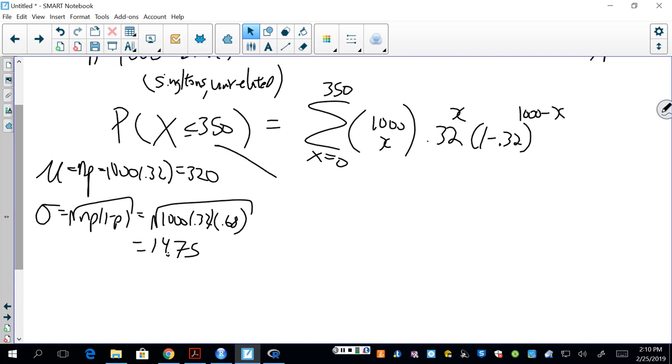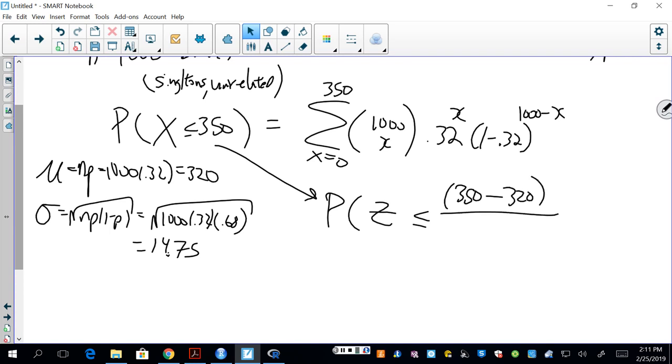So we can answer this question approximately by z-scoring it. 350 minus how many we expect under the binomial model, 320, divided by the standard deviation for this one.